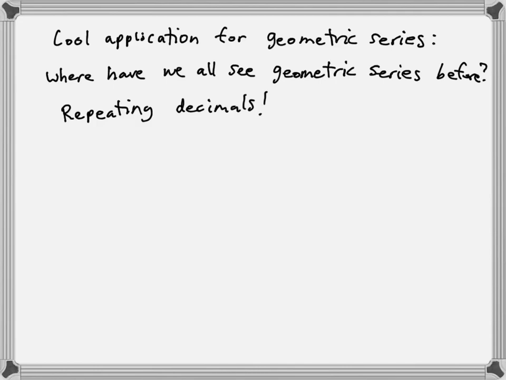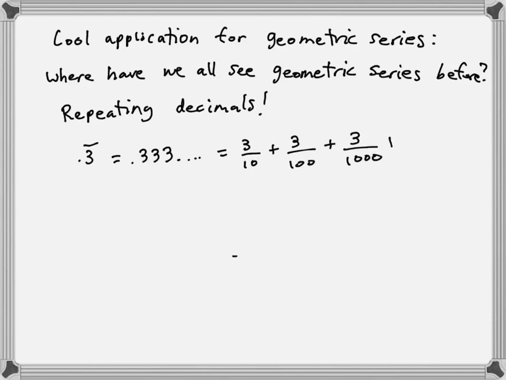Okay, so what do I mean by repeating decimals? Well, when you see a repeating decimal, for example, 0.3 with a bar over it, we know this is 0.333333333. This is really 3/10 plus 3/100 plus 3/1000 plus.